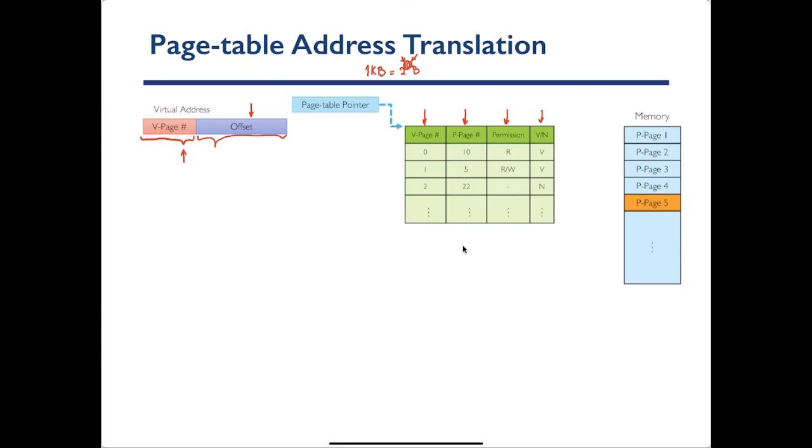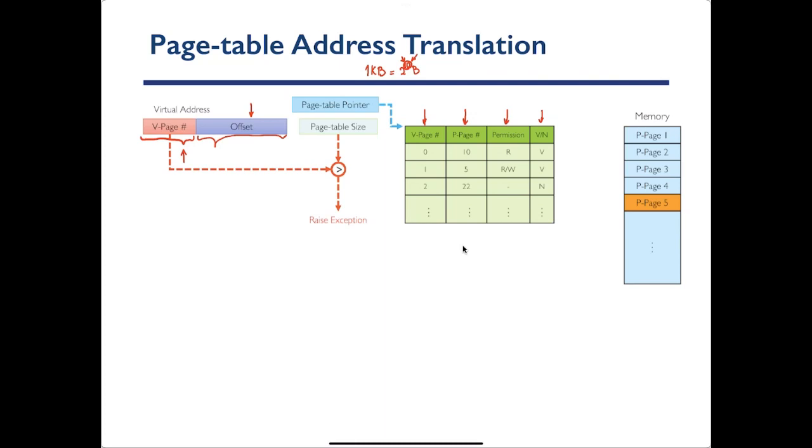So operating system has to set this pointer to point to this table. Now we get the virtual page number. We probably want to check it with the page table size. We don't want to have to go and access an element in page table that doesn't exist. So we check the size.